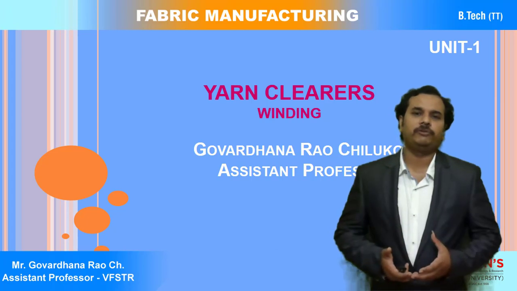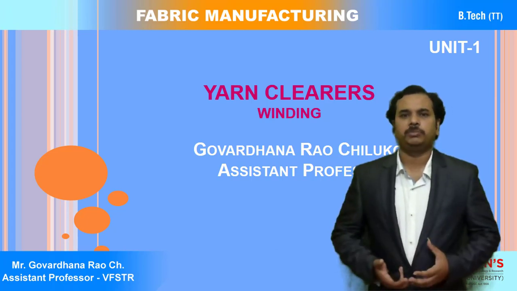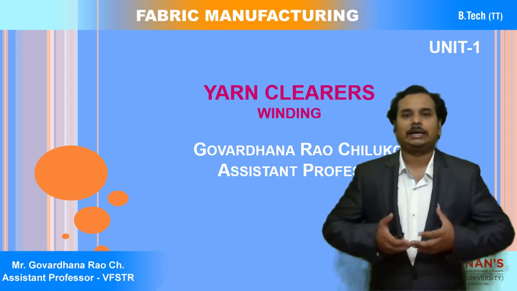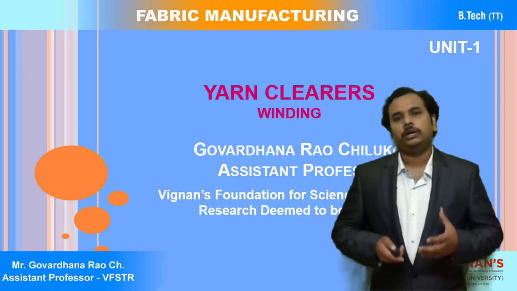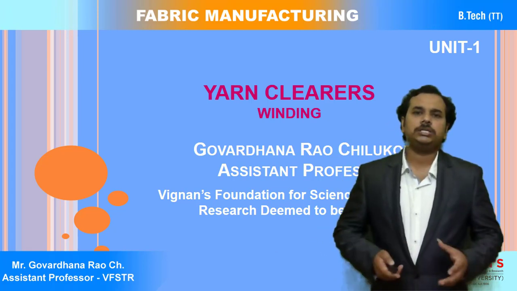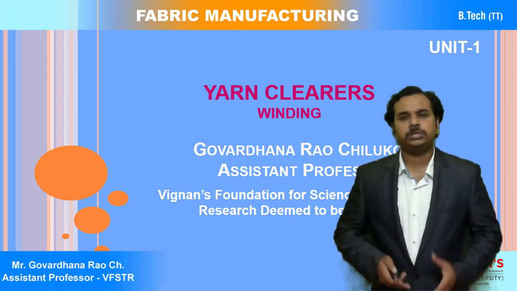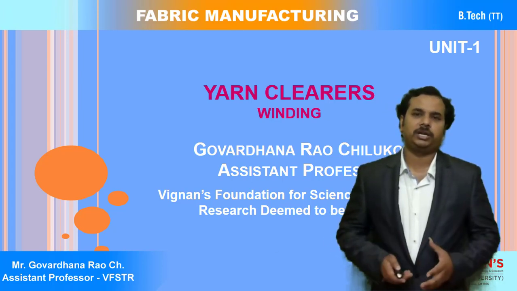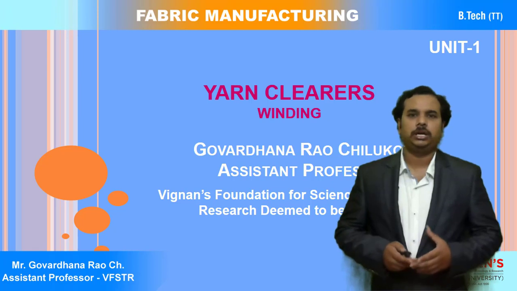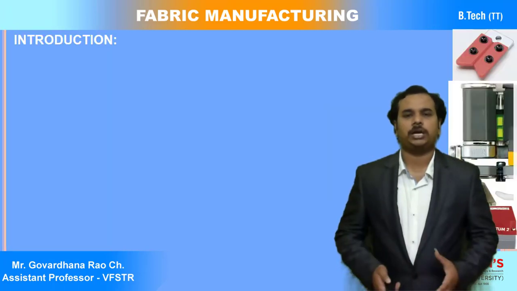The objectionable faults are removed in the winding machine by using the clearer. In today's session we are going to discuss the clearer function, and see the different types of clearers available in the present scenario. So we are going to start.